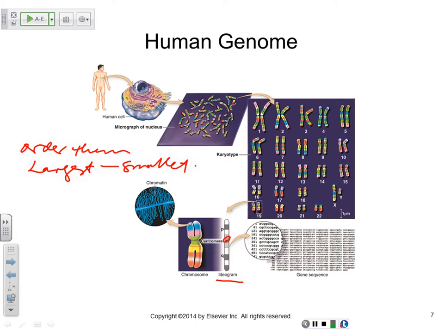Okay, and the geneticists use the centromere and the P arm and the Q arm. The P arm is the shorter arm of the chromosome, and the Q is the longer arm of the chromosome. And they judge the distance of that gene relative to the centromere, which is right there. Okay? All right.